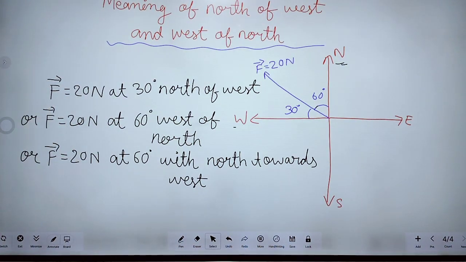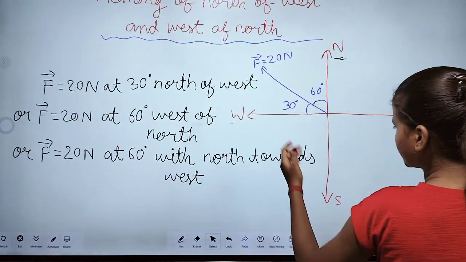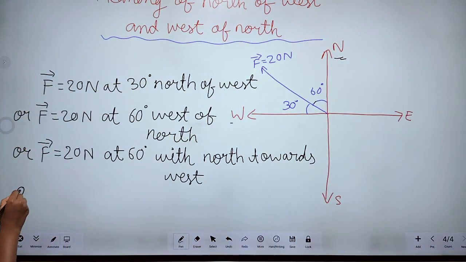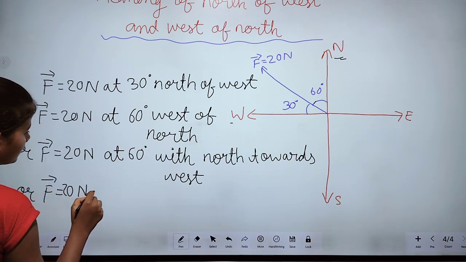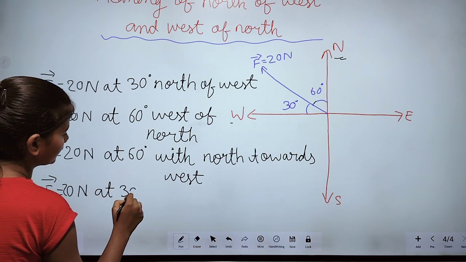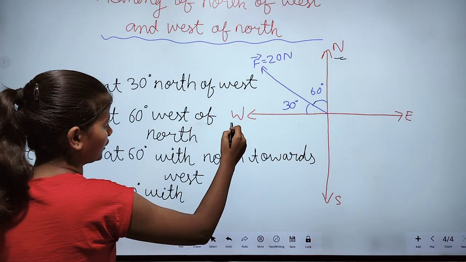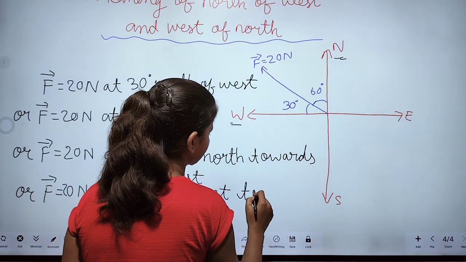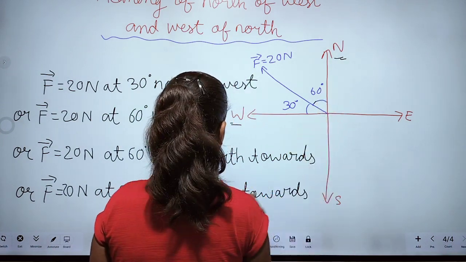Or vector is equal to 20 Newton at 30 degree with west towards north.